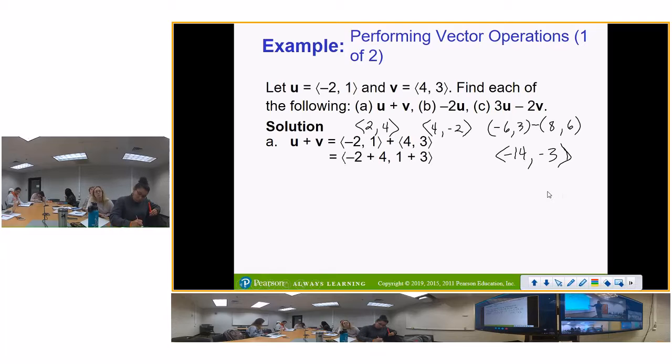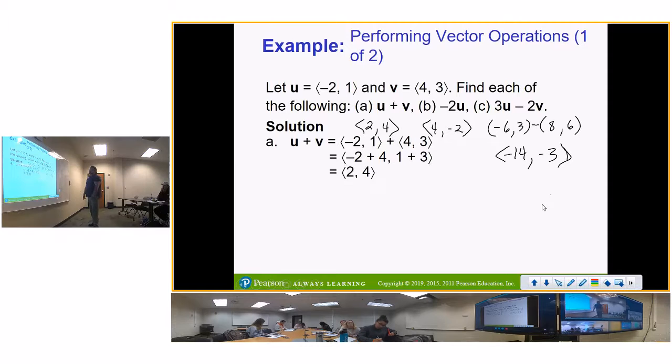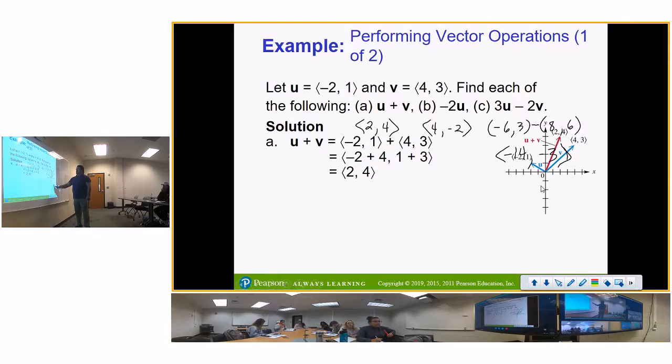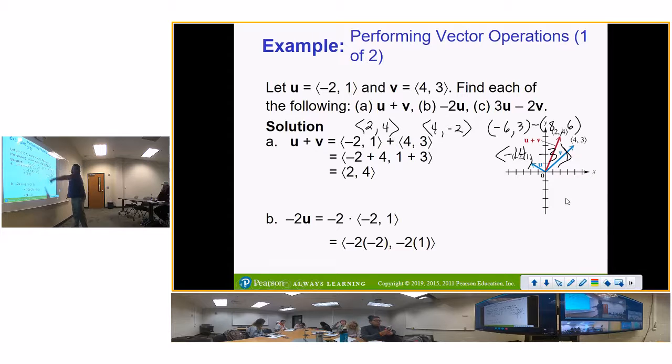Alright, so there's the first one. 2 and 4. And they're showing you where these are. And there, you multiply 2 times that, you get what? 4 and negative 2.